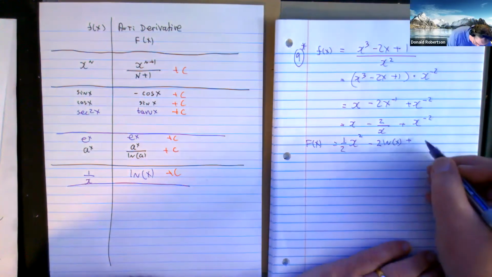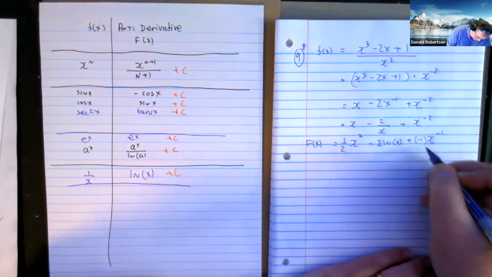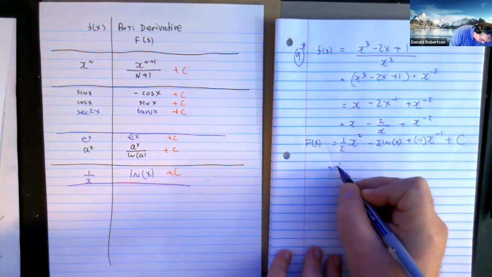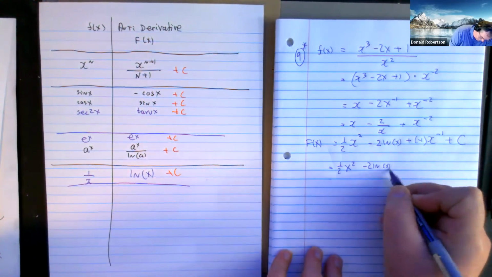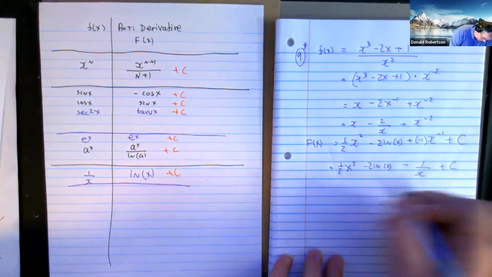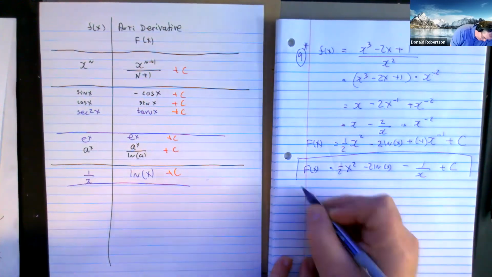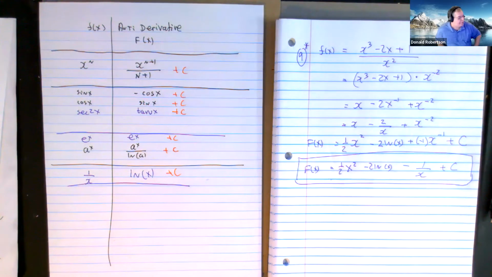You add 1 to the power and divide by the new power. Then remember to finish with the plus c, and for a little bit of style points, rewrite that as -1 over x plus c. And we are finished. That is the antiderivative of this function.